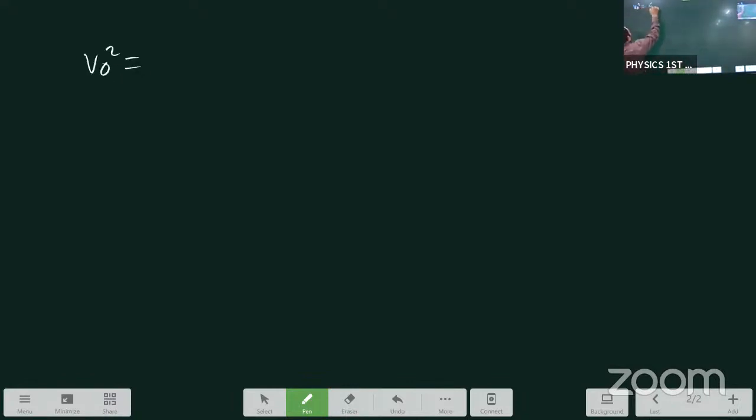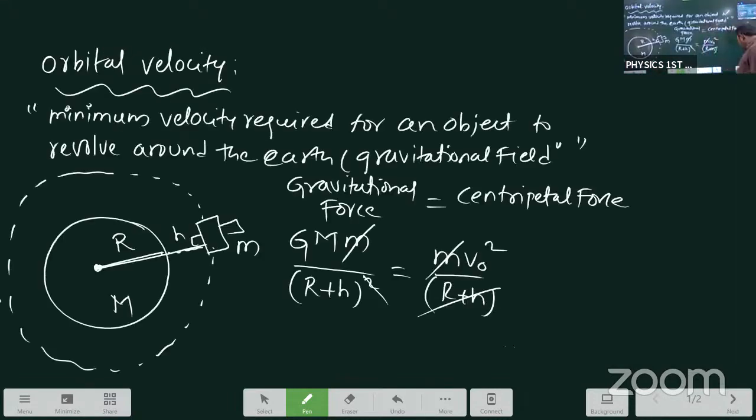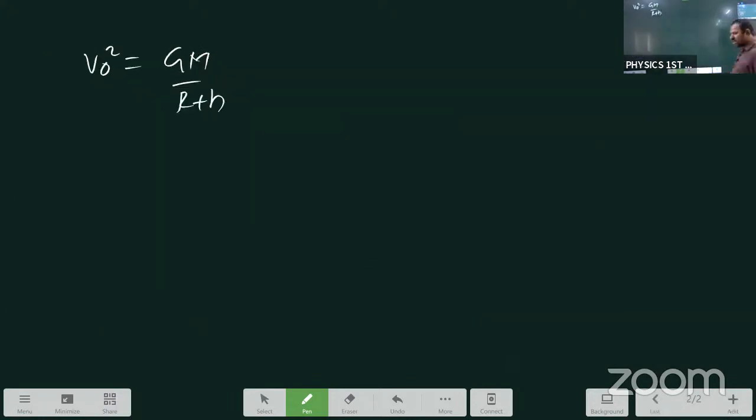So VO square equals G M by (R plus h). Both sides are equal.